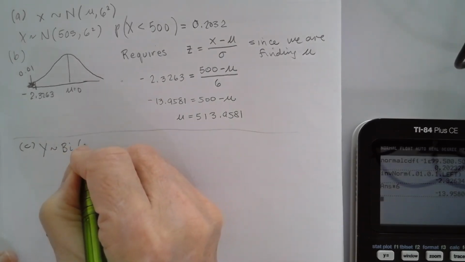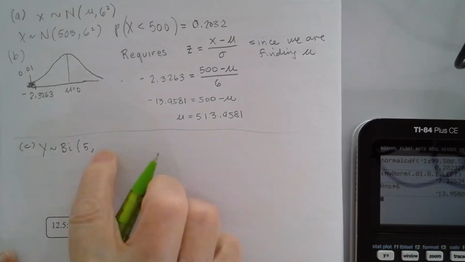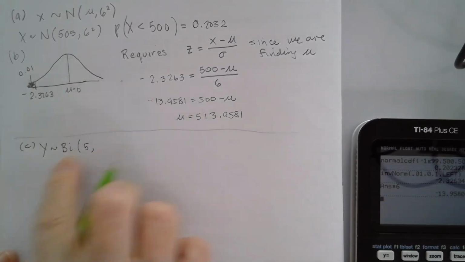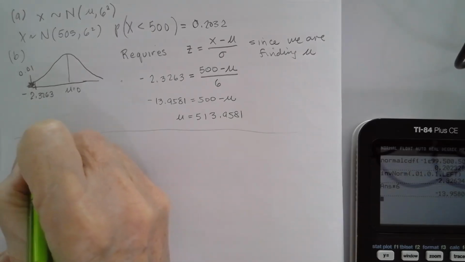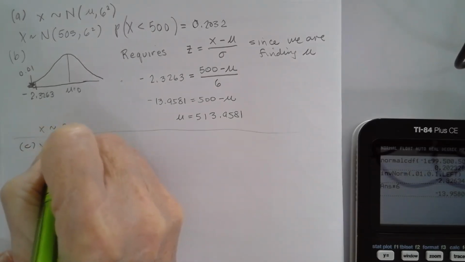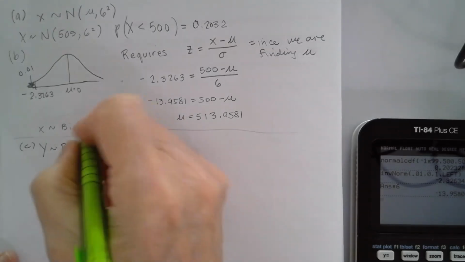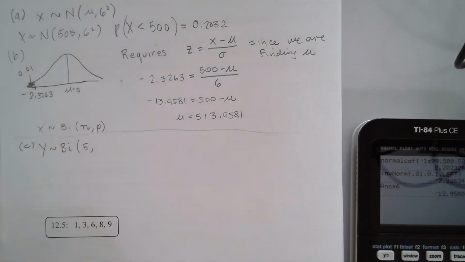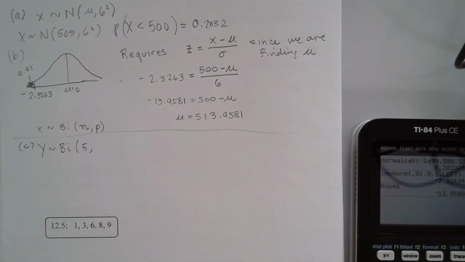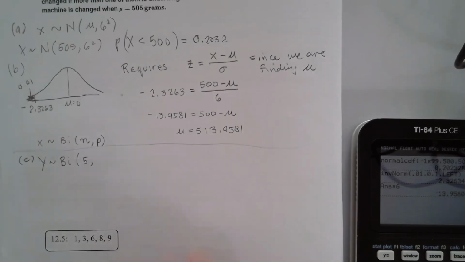And there's 5 boxes. Now, what's the p, though? Because remember the binomial setup is x is binomially distributed, and then it's the n, how many trials, and the p, probability of success, or in this case, probability that one is underweight. Do we have that? We found it up here.